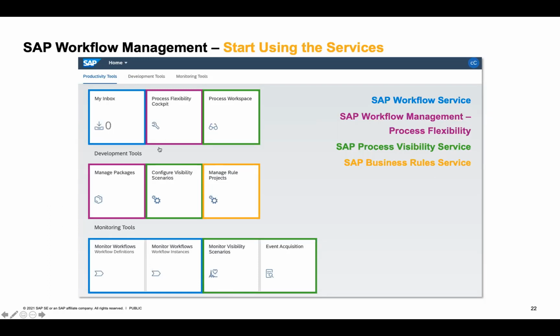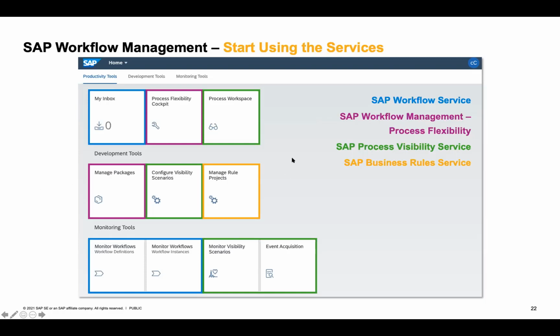Then these purple ones are related to process flexibility in workflow management, so the live process content, basically. Process visibility, the green ones, and then the golden one is for the business rule service. So we have entry points into all of these different services from this Fiori Launchpad, which is quite nice because then we have more or less one single point of entry here, and we can go into all these different services.